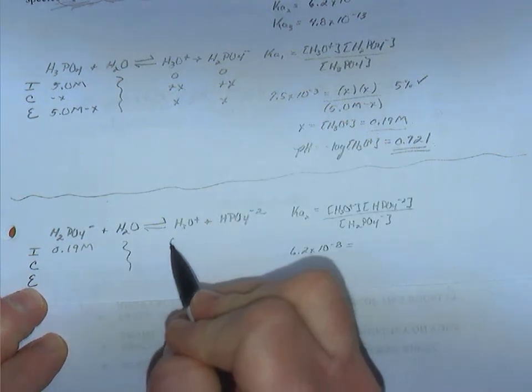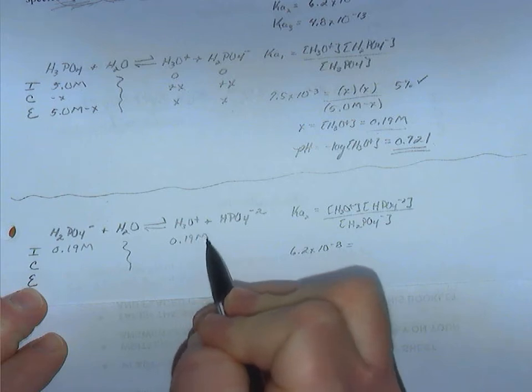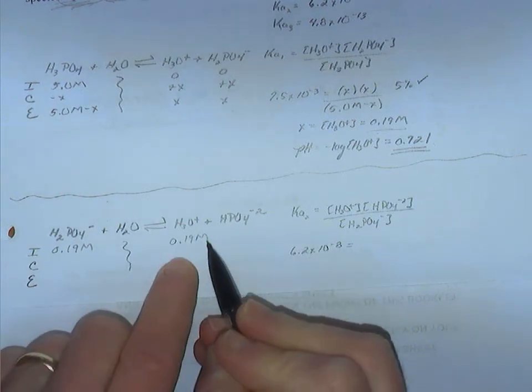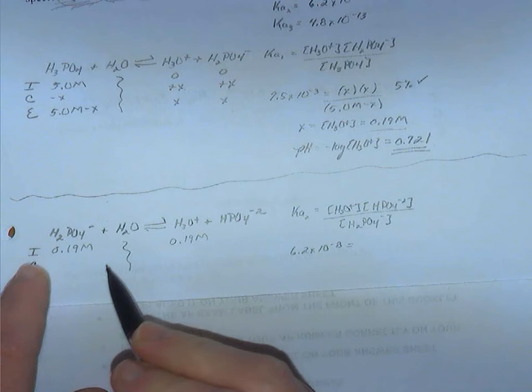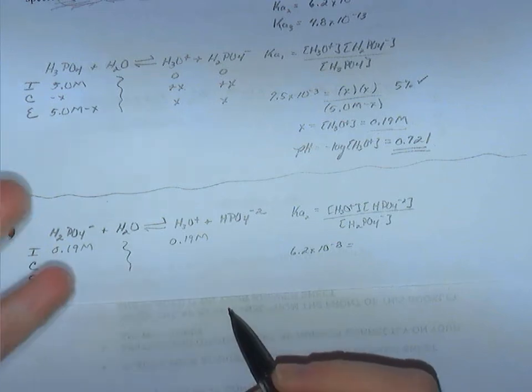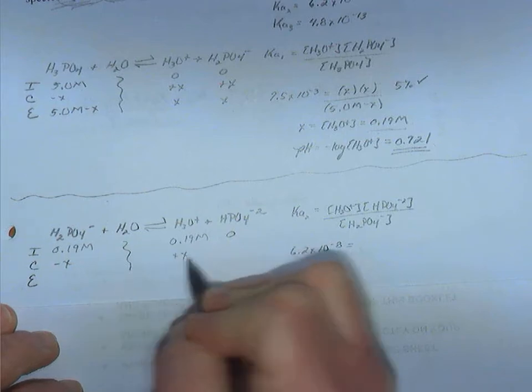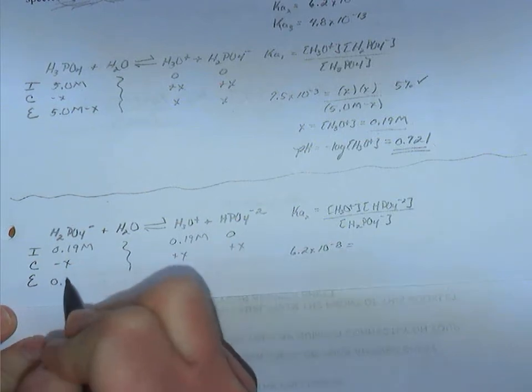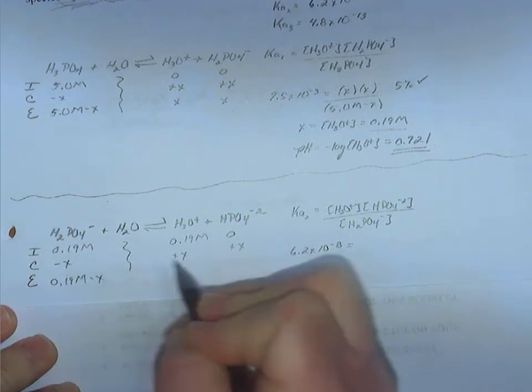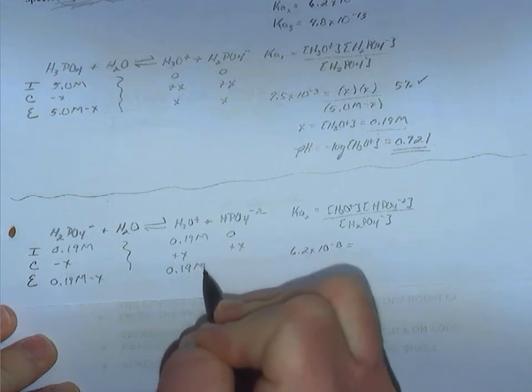But I'm also going to begin with 0.19 molar of this. So we know if we start with some of our product, it discourages ionization, common ion effect. So minus x, plus x, plus x: 0.19 molar minus x, 0.19 molar plus x, and x.